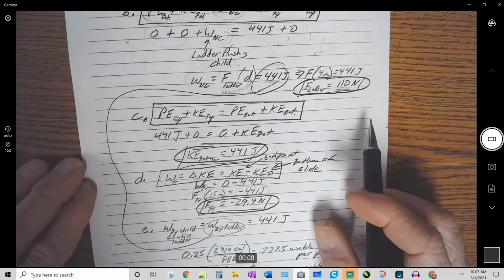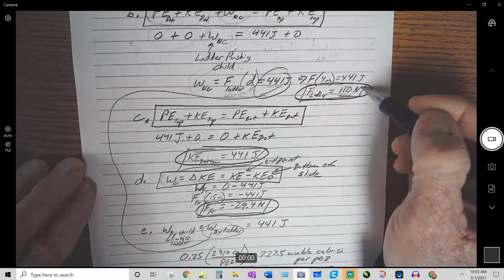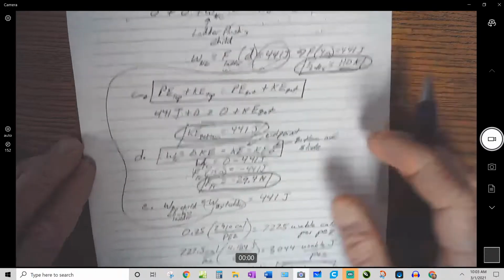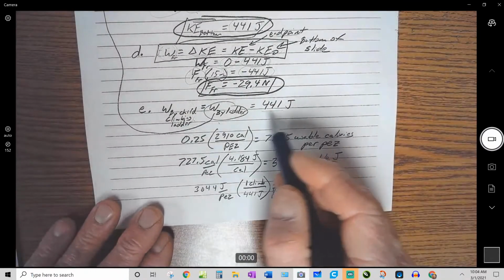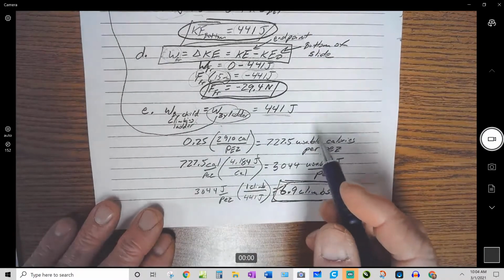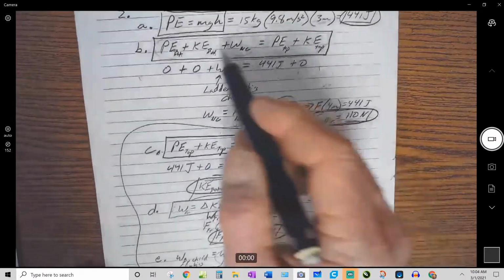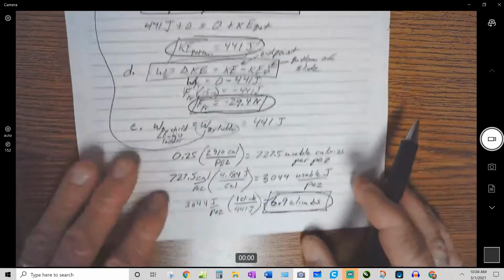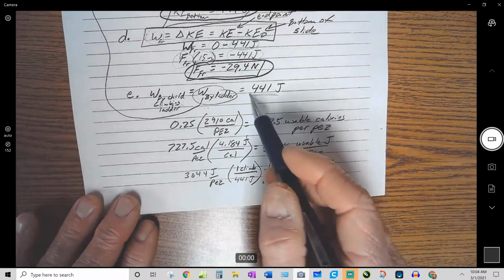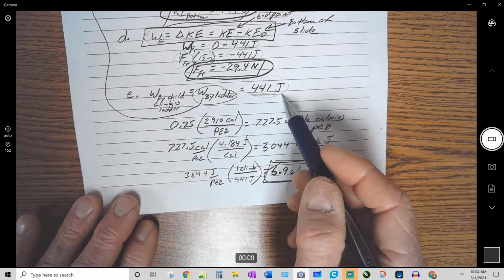So basically the child is applying the same force, 110 newtons, over a distance of 4 meters, doing 441 joules of work to climb that ladder. There are other ways to do this. I think you could probably use this formula again. So that's how much energy it takes to climb the ladder once.